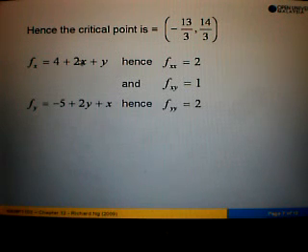Then from fx we also need to find fxy, which means from fx we differentiate compared with y. We only have y here, so differentiating y gives us 1. Next we take the answer from the previous page, fy, which is negative 5 plus 2y plus x. Then fyy is differentiating this compared with y. We only have 2y here, so it gives us 2.